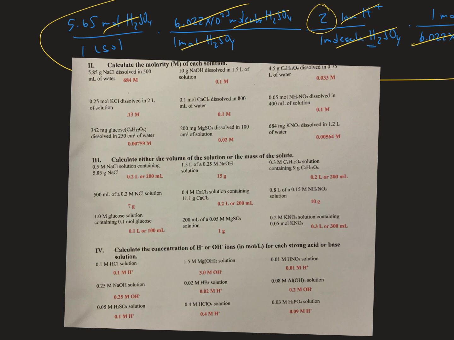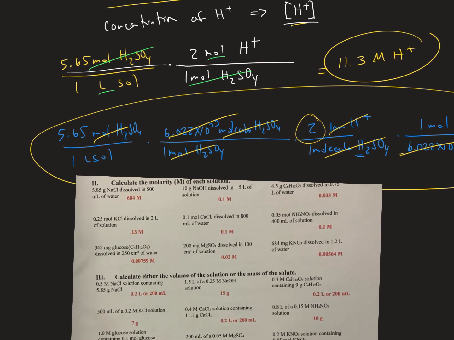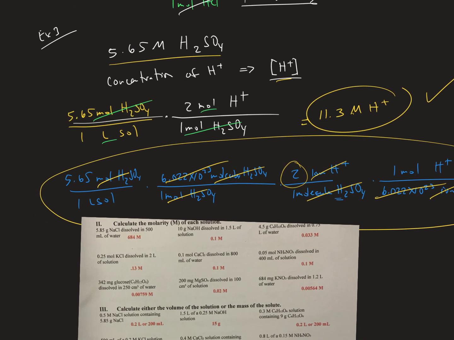What confuses me is, how could the molarity for a single atom within a molecule be larger than the molarity of the entire molecule? I understand what you're saying conceptually, but if the H2SO4 is 5.65 molarity, and then the H+ ions are 11.3, that's a bigger number. Why is it that way? It just seems weird.